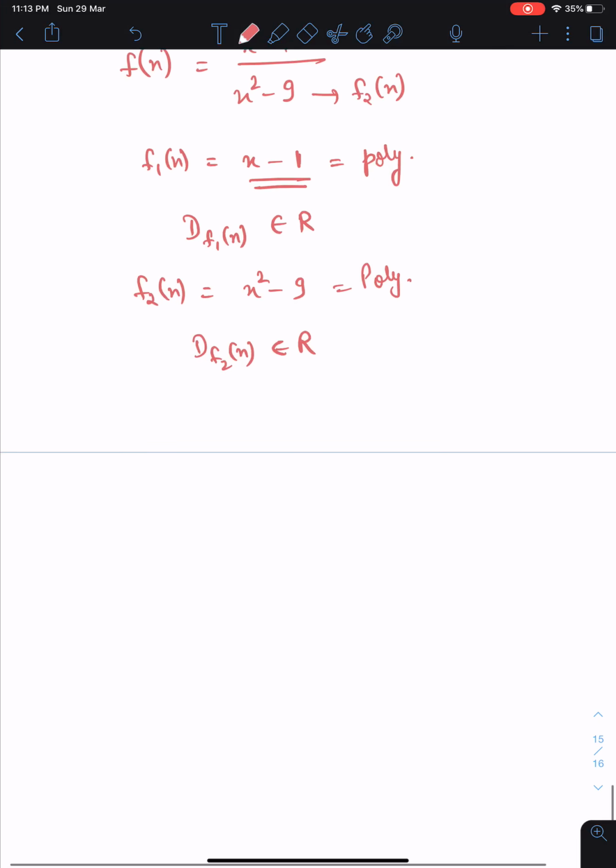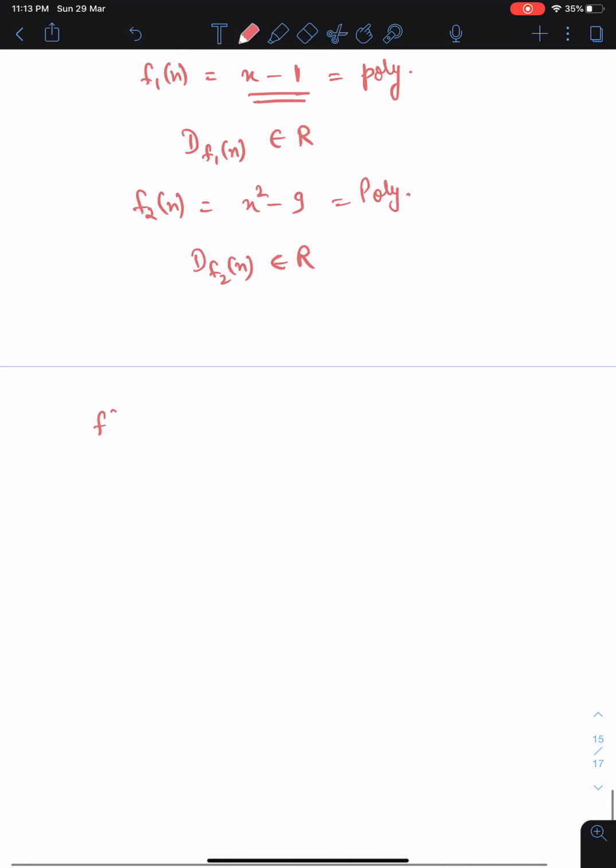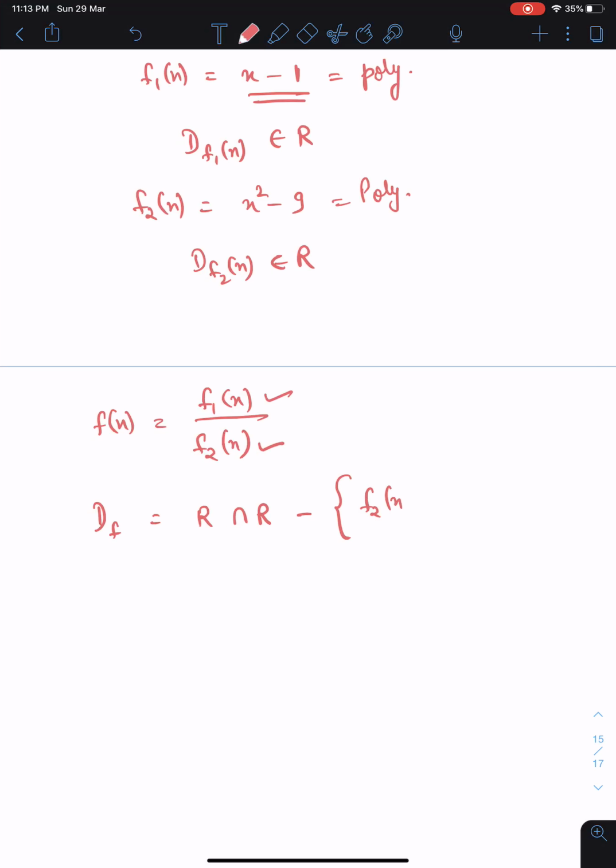Okay, so I hope in the second point what I told you, when f(x) is equal to f1(x) upon f2(x), then the domain of f will be the intersection of both the domains, that means R intersection R, minus the points when f2(x) is giving you 0 value. So you just put f2(x) is equal to 0, that means x square minus 9 is equal to 0.